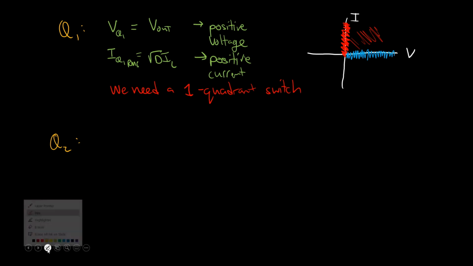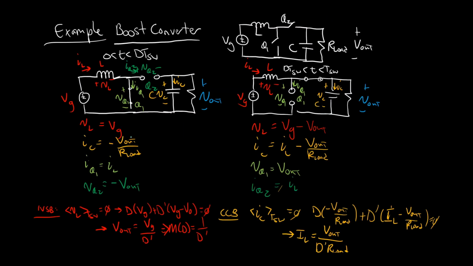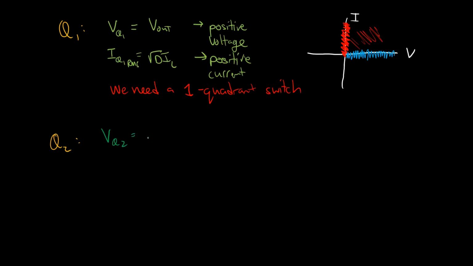Let's look at Q2. What does Q2 need to do? Let's use this green. So VQ2, the peak blocking voltage. We're interested in peak blocking voltages and RMS conducting current. So what voltage does it need to block? When it's off, it blocks the output voltage, minus Vout, so a negative voltage.